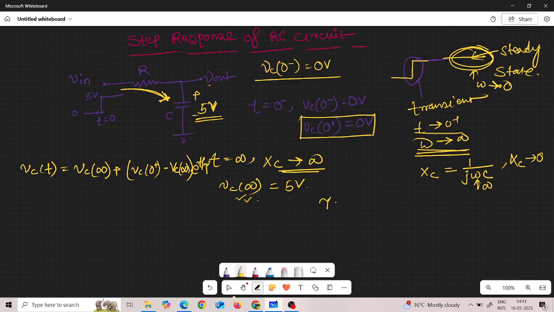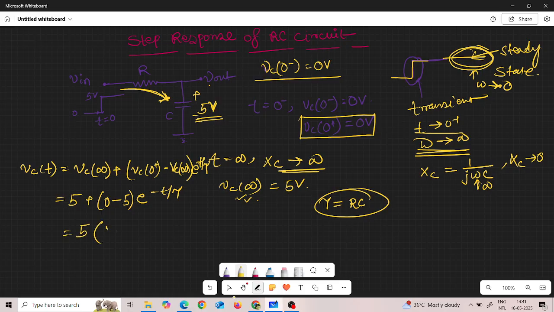Here the value of tau is RC. Now if we put the values, we will get 5 plus (0 minus 5) into e to the power minus t by tau. So Vc(t) is 5 into (1 minus e to the power minus t by tau) into u(t), because this whole process starts after t is equal to 0. Now this is the voltage across the capacitor.